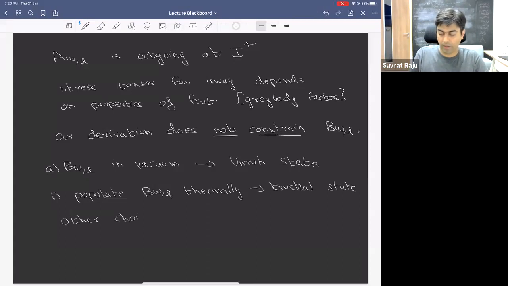You could choose something in the middle, but the point is that what Hawking's derivation constrains are these outgoing modes near the horizon, and it's these outgoing modes near the horizon that have to be thermally occupied. There are in addition these ingoing modes about which Hawking's derivation doesn't say anything, and you could populate them as you like. Okay?